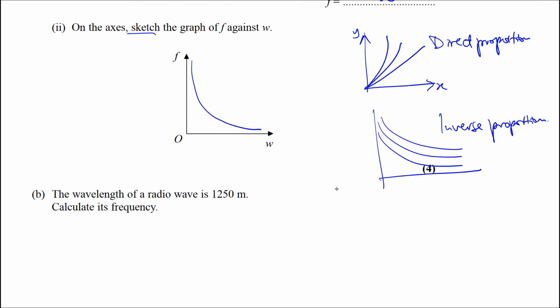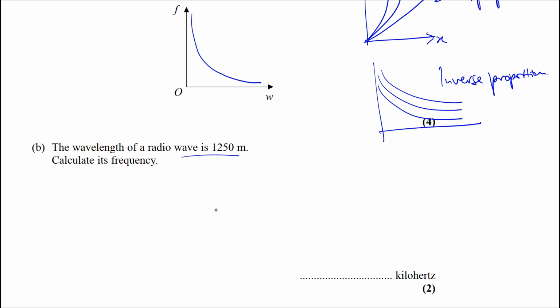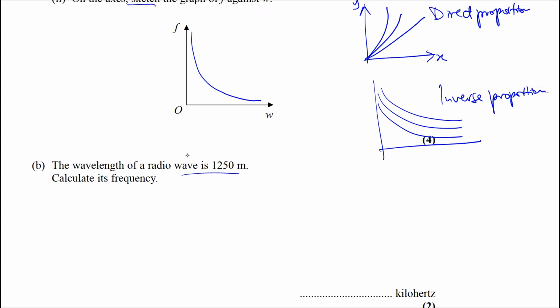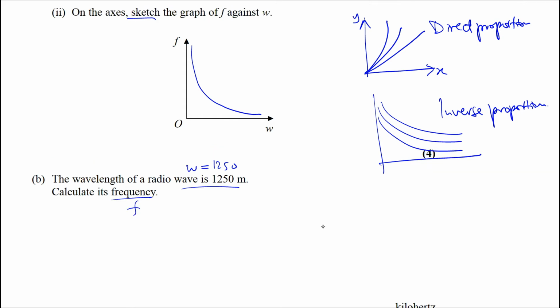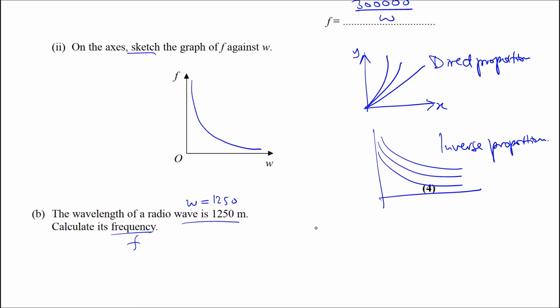Anyway, moving forward, part B: the wavelength of the red wave is given by that. Calculate its frequency. That is W, so W is equal to 1250. Calculate its frequency, that is F. Coming back here, we have the formula.